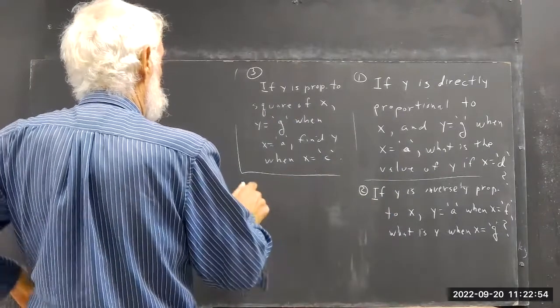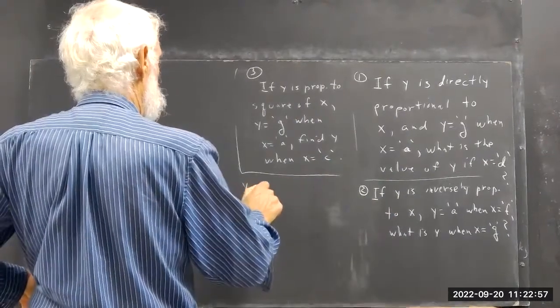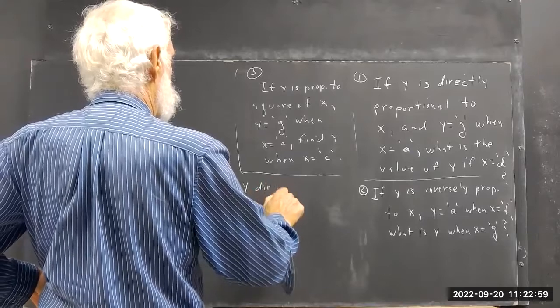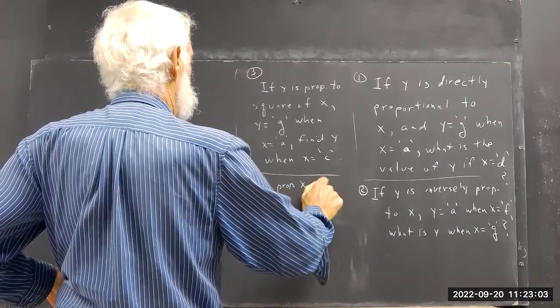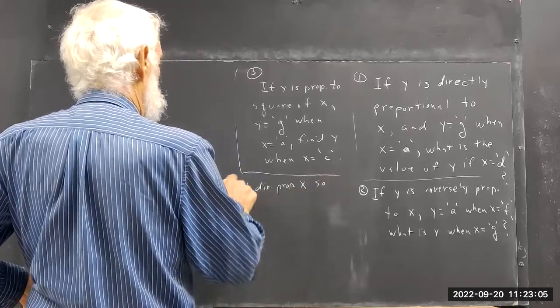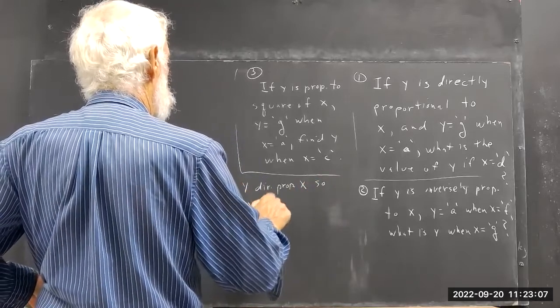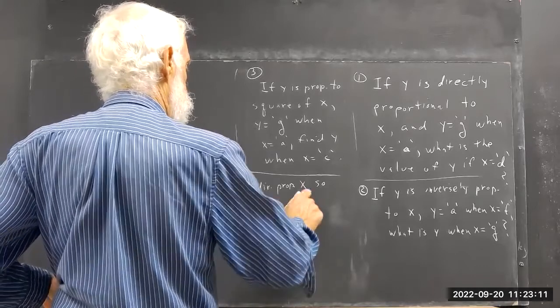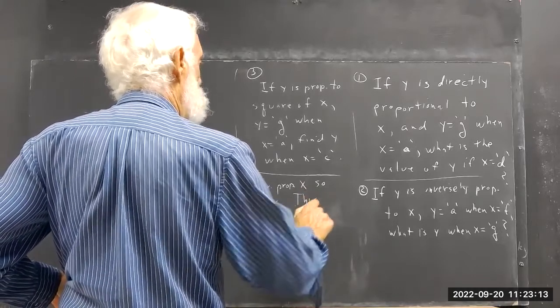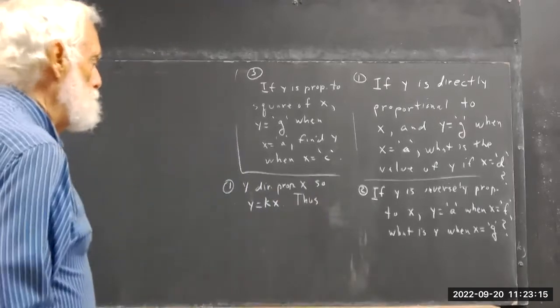Okay, directly proportional. This is 1. Okay.